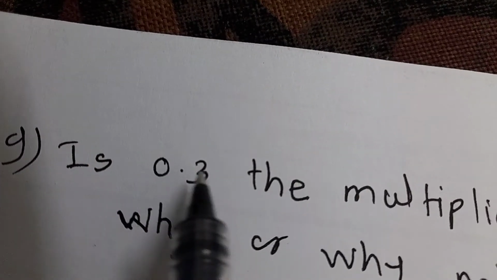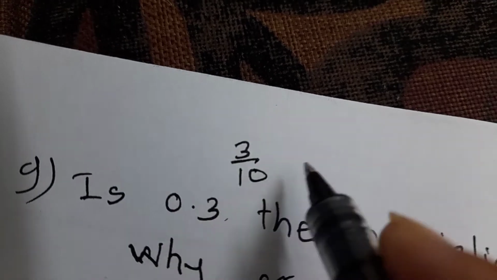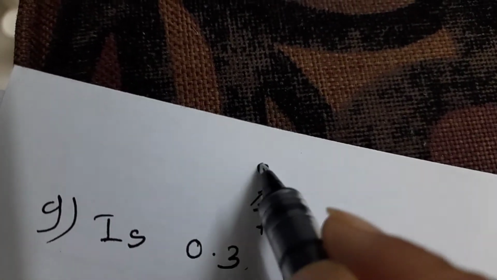Now here 0.3 means what? 3 upon 10. 0.3 means 3 upon 10, because if we divide 3 by 10 the answer will be 0.3.